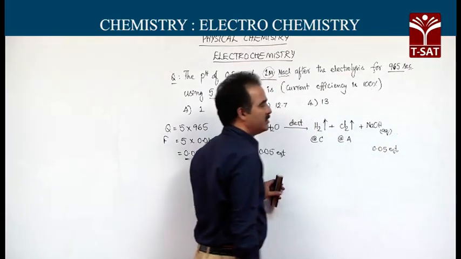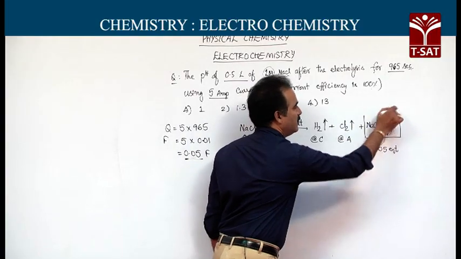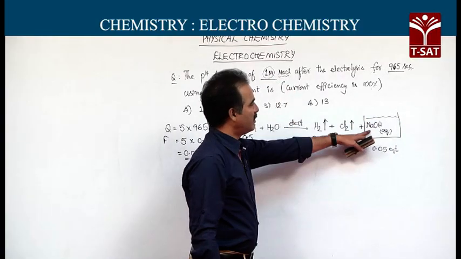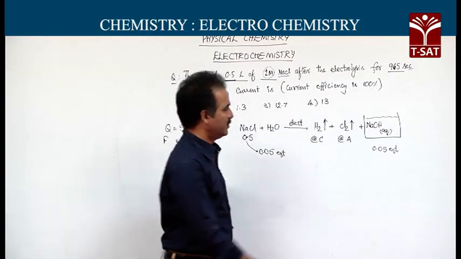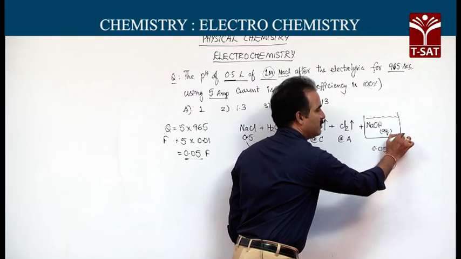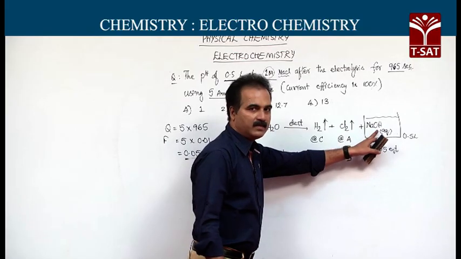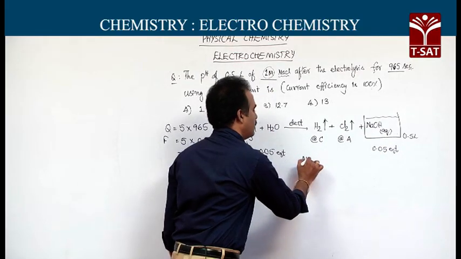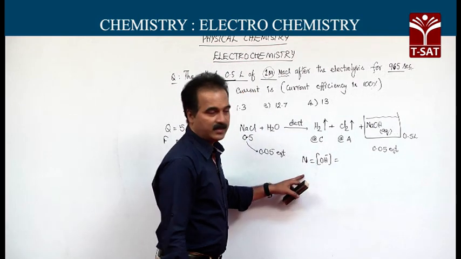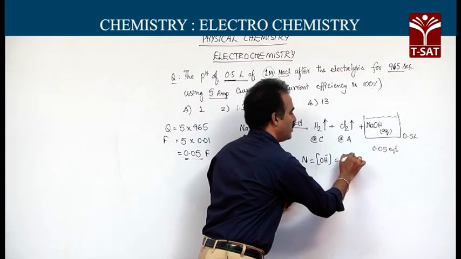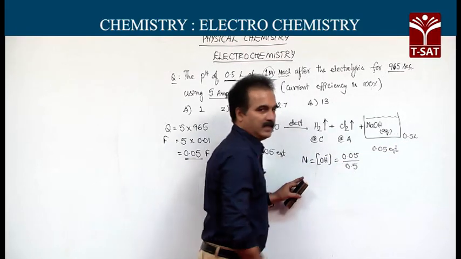0.05 equivalents of NaOH. So, this is what NaOH we got in electrolyte, and the electrolyte quantity was mentioned as 0.5 liters. So, 0.05 equivalents is produced in 0.5 liters. So, the normality of this NaOH we can calculate. Normality is nothing but OH minus ions concentration, which is 0.05 equivalents out of 0.5 liters.